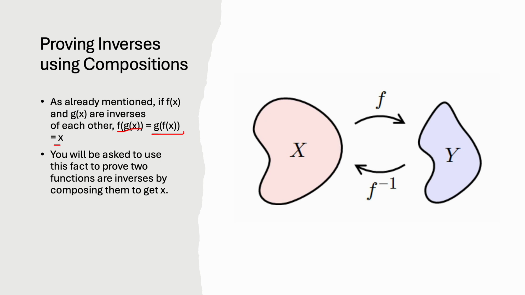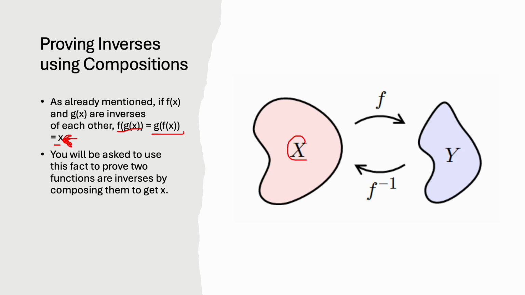Because if we think about it, x is the original input, f of x is the output, and if g of x is the inverse of f of x, it takes the output and makes it the input. g of x is going to take f of x and just make it x. You can kind of see this here.